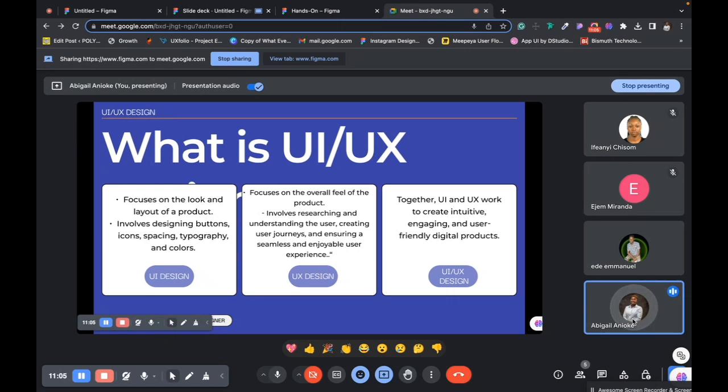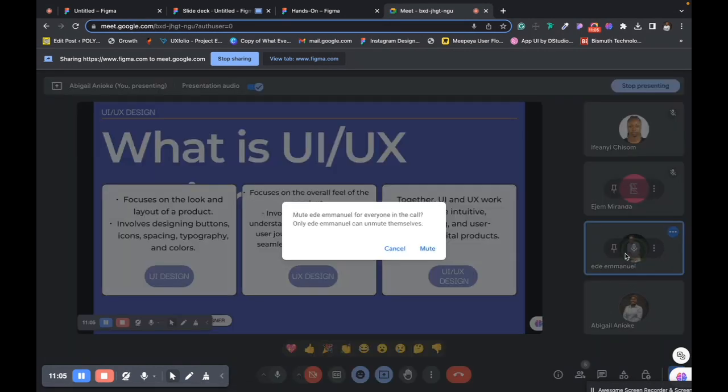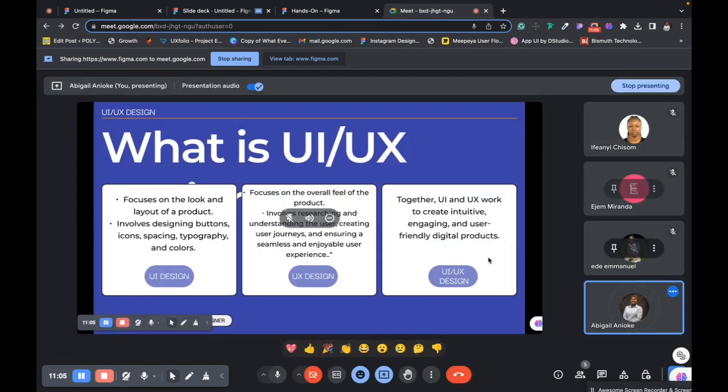The civil engineer doesn't wake up and put the door the other way, or change something else in the architectural design. So this is just a practical example of what UI UX looks like, as they have similar roles, if I would use that word.